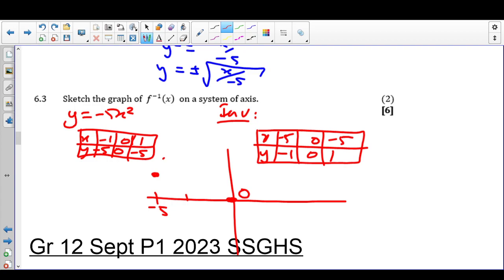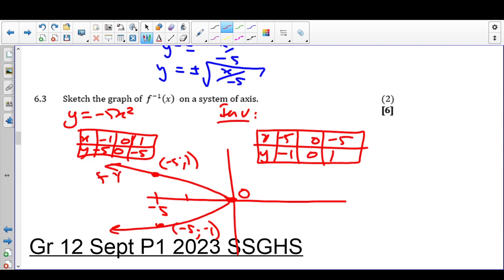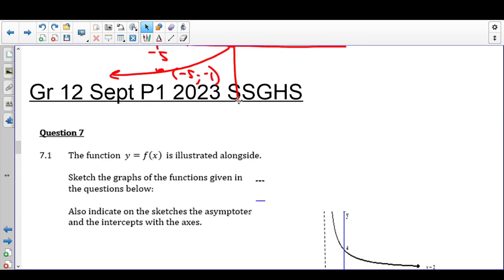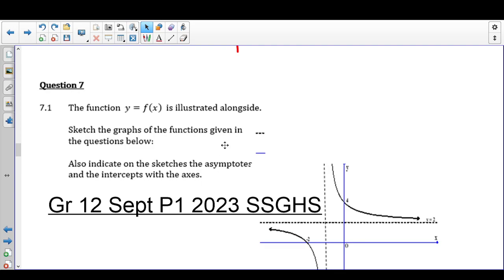And 1. And -5 and -1. So that is the inverse of that function. Okay. Any confusion there? No? It's easy, no? You see somebody else do it.